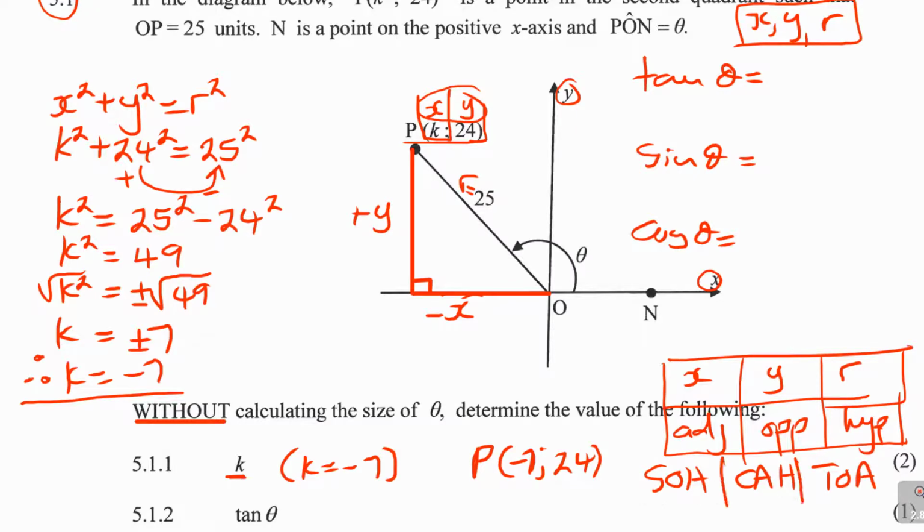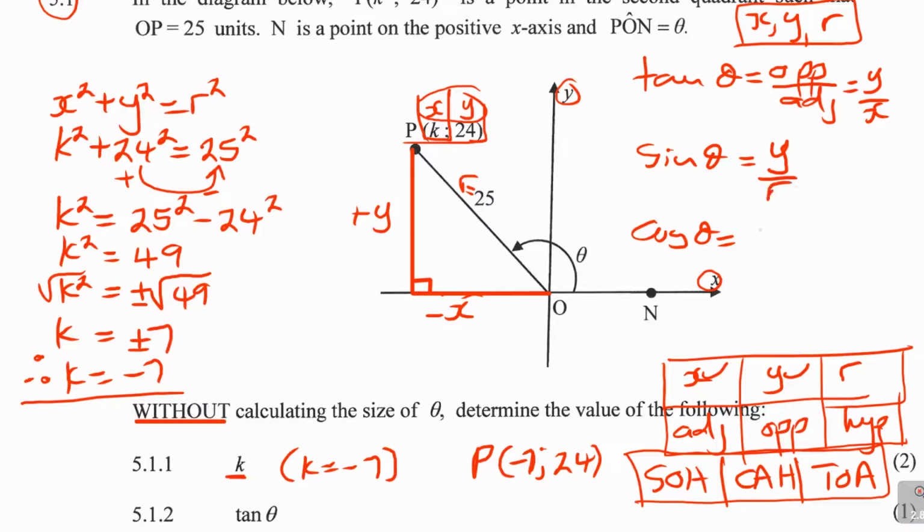So you need to know these are trig ratios. What is tan? Tan is opposite over adjacent. So tan is opposite over adjacent, which is equal to, now opposite, you come back here, opposite represents the y, it's y, over adjacent represents the x. You can do the same for sine, which is opposite, y over hypotenuse, and cos, which is adjacent over hypotenuse. You can do that, but what we are interested in is tan.